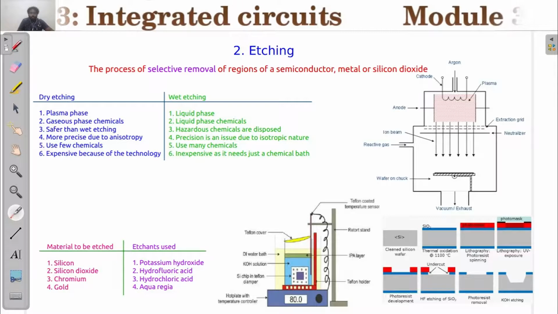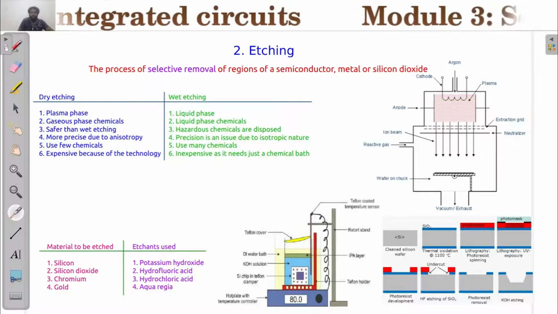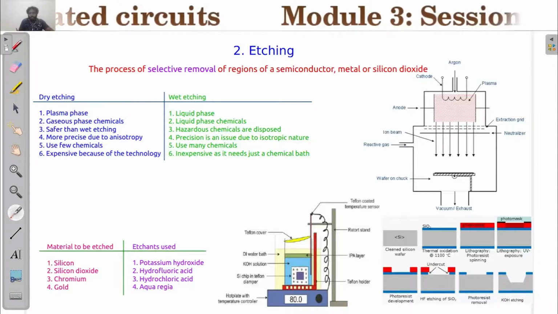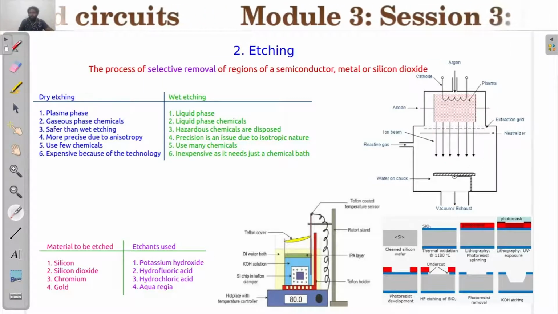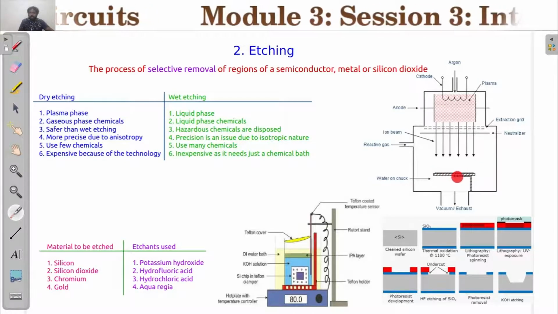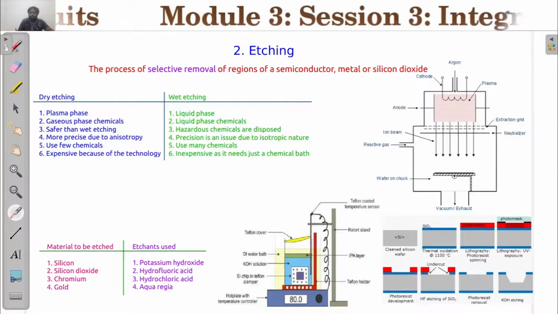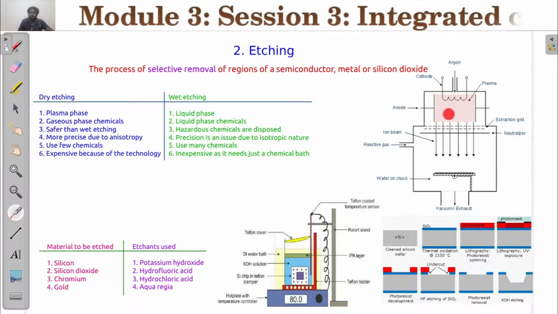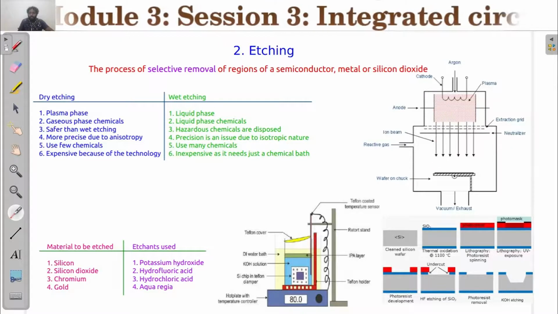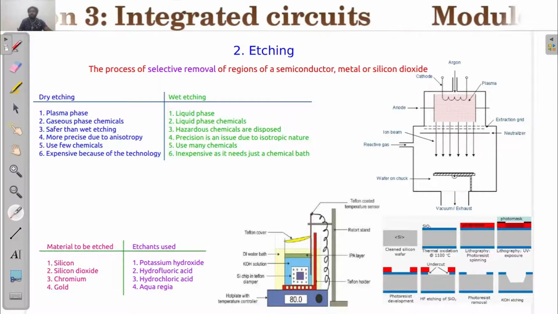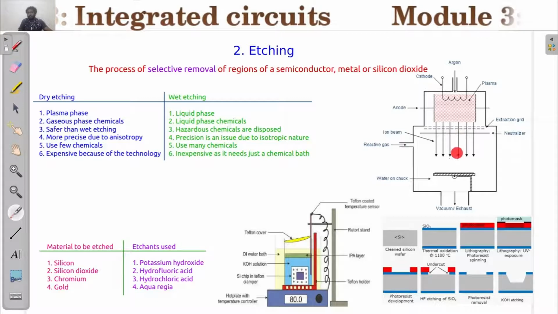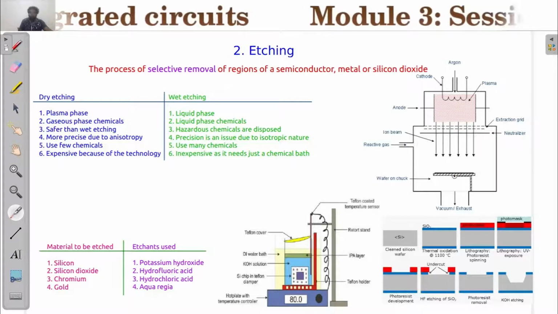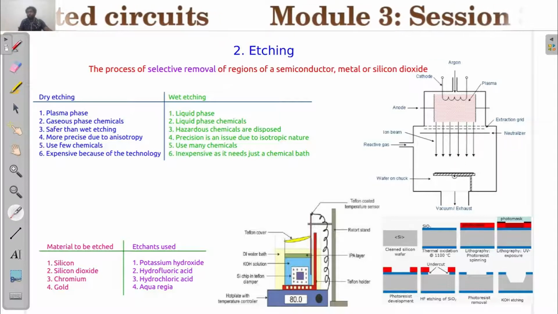So there are two kinds of etching. One is called wet etching, the other one is called dry etching. In the case of dry etching, you can see here it is a dry etching unit where the wafer is held on a chuck, and there will be a cathode here, and that will be generating a plasma with respect to an anode, and there will be an ion beam in this, and these high energy ions will be accelerated towards the wafer, and that wafer will be subjected to a lot of bombardment from ions.